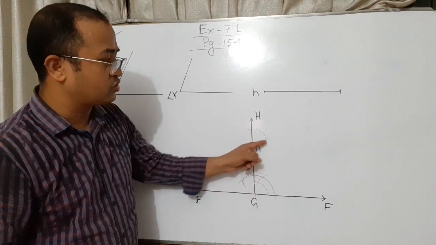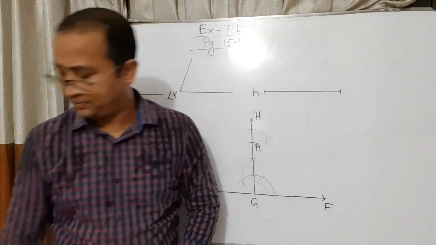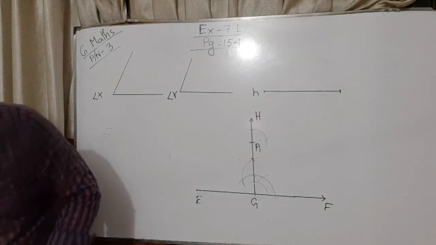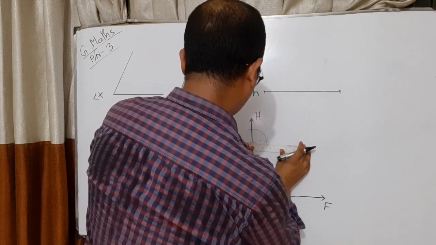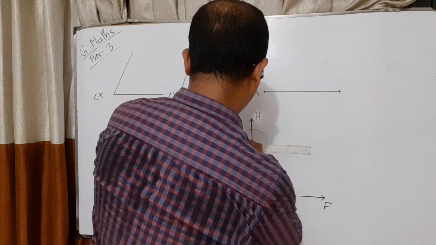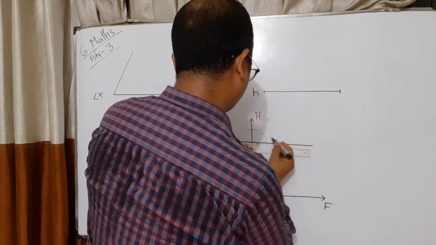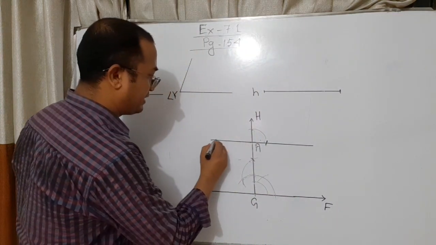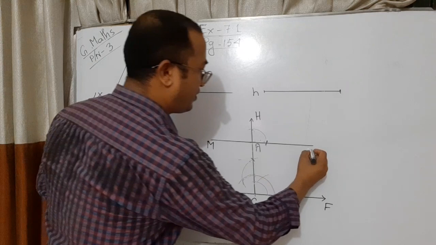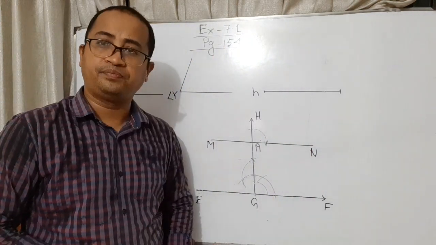Now if I join these two, we will get a parallel line to EF. Now join these two, and say this is MN. So MN is parallel to EF.